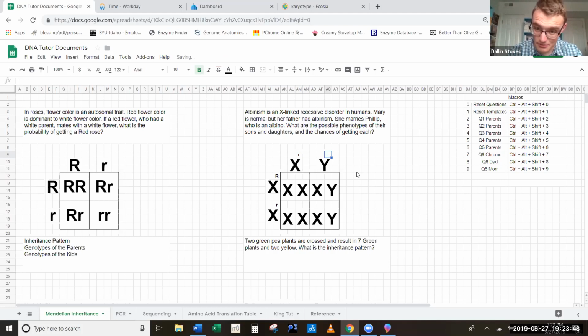Males only have one X chromosome. So this means that males cannot be heterozygous for X-linked traits because they only have one X. So they can either be dominant or recessive. They can't be half and half.